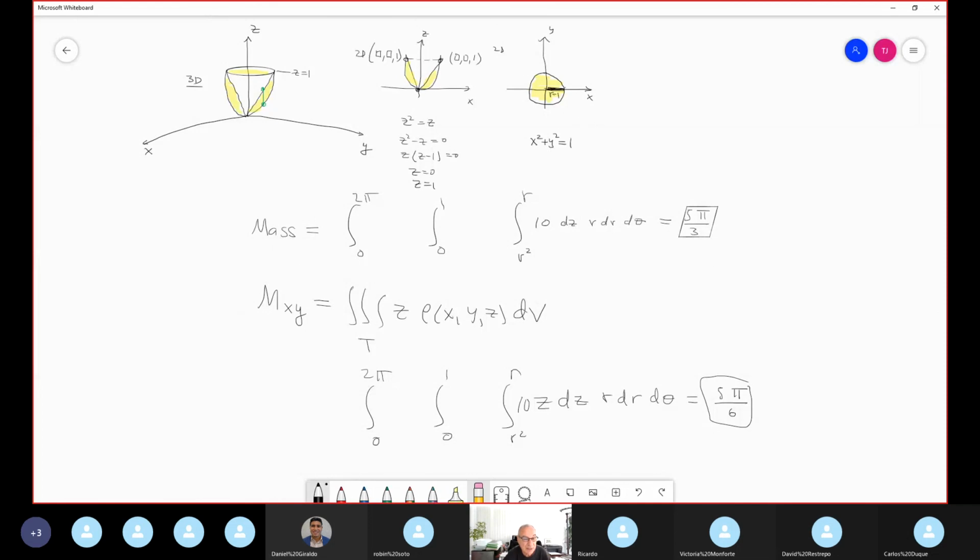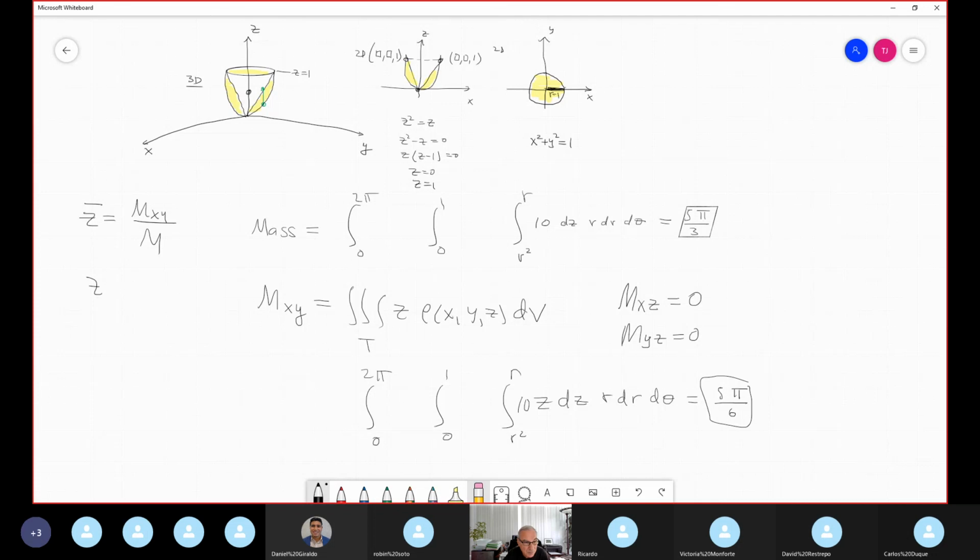Now, the center of mass lies here, according to the symmetry of the figure. So I don't need to find another momentum, this is totally stupid. Momentum yz, I suppose que es 0, momento xz, 0. Okay, entonces the only one que has position is z-hat, que z-hat is mxy divided by m.